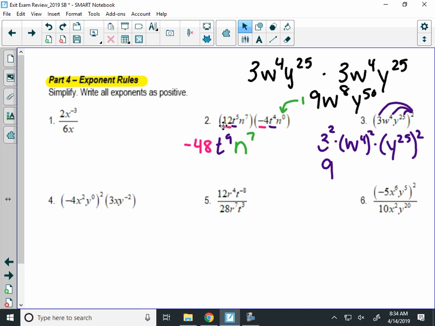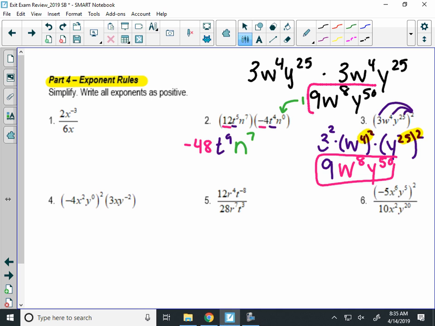When I have a power to a power, 4 squared and 25 squared, I multiply those exponents. 4 times 2 is 8. 25 times 2 is 50. And notice you end up getting the exact same answer. So it does not matter what method you use, whether you distribute the exponent and use power to a power, or whether you rewrite the quantity and then multiply them together. You will get the same answer. Do whatever method works best for you.